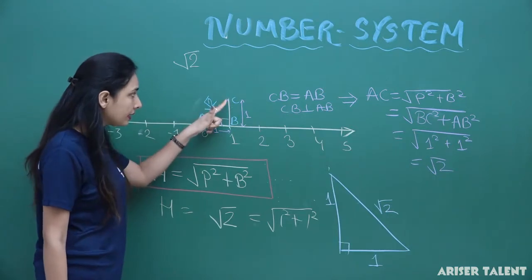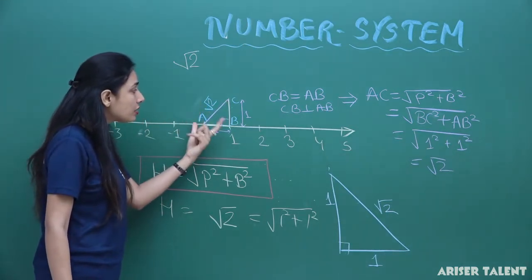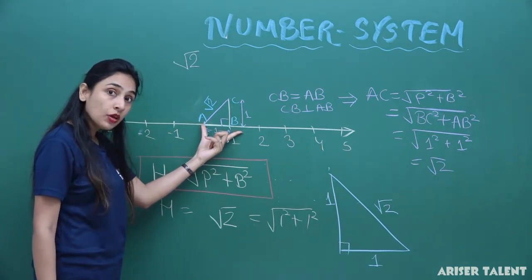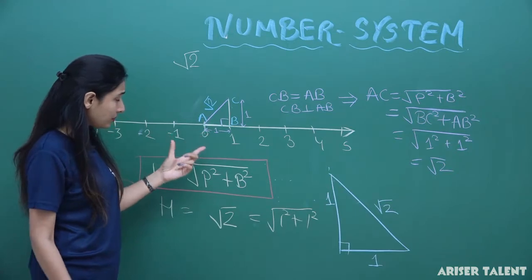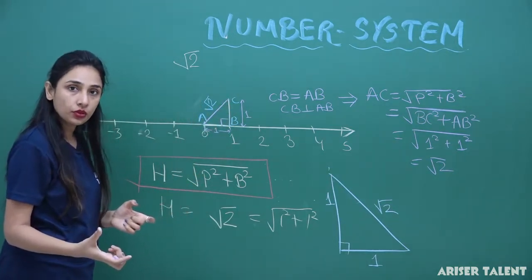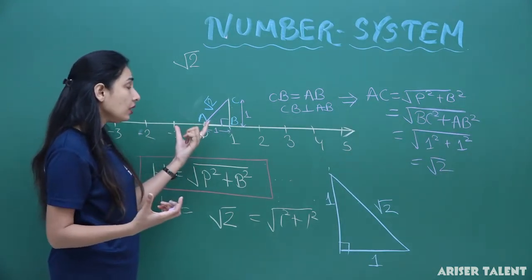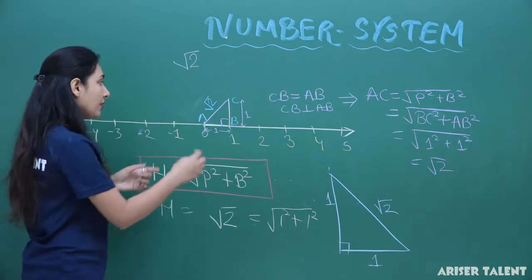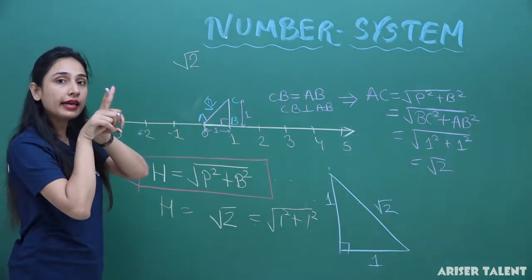Now I don't need that thing here to be here. I need that root 2 measurement to be here. So what will I do? I will use this length. You can use a divider, or else you can use a protractor. By this help, you will have two sides of the divider.